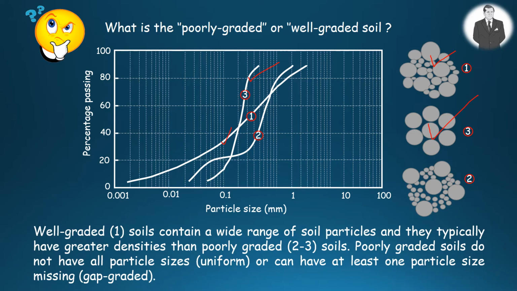Their particle sizes are more or less the same. That's why they are also called uniformly graded soil, or they can have at least one particle size missing, as depicted here and represented with curve 2 in the figure. By the way, well-graded soils typically have greater densities than poorly graded ones.